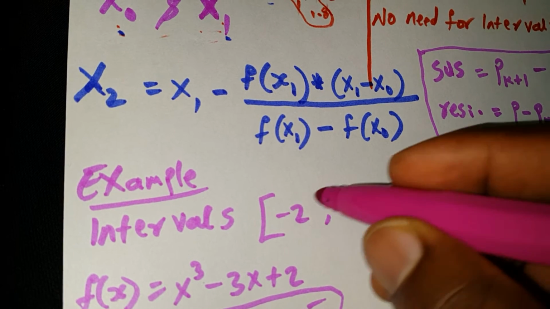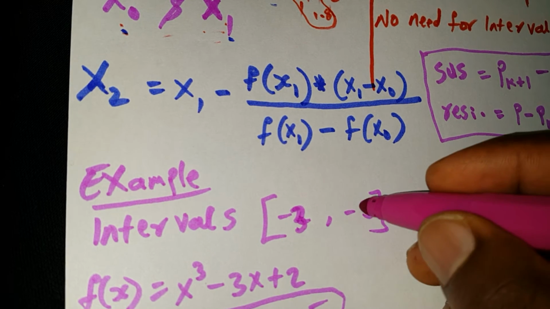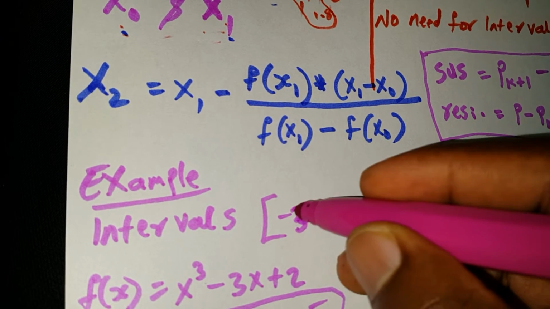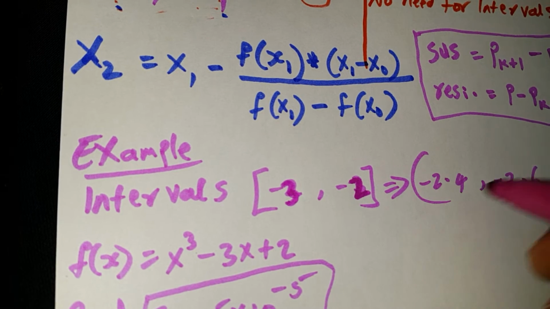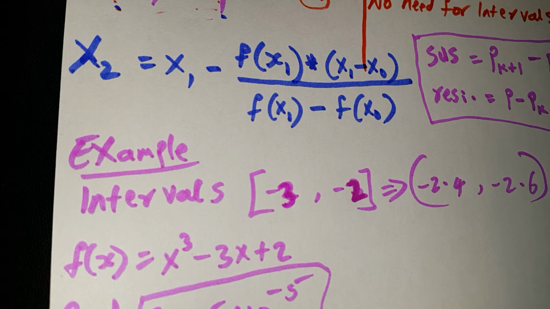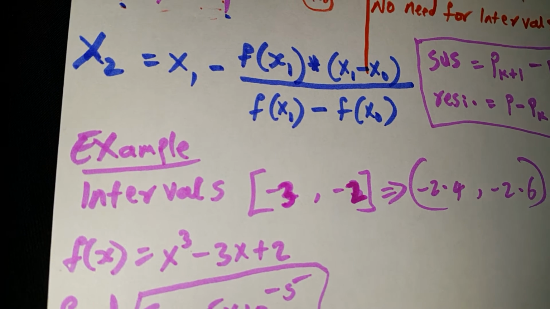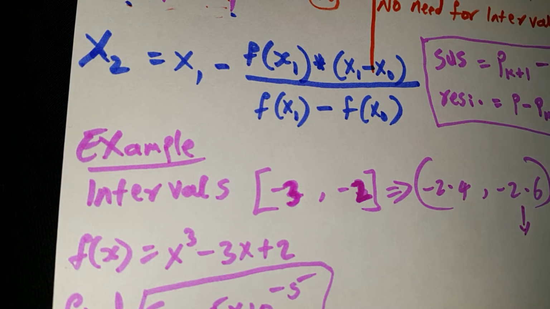This is 3 and this is 2. I choose these two. Now that I have chosen, this is my x.